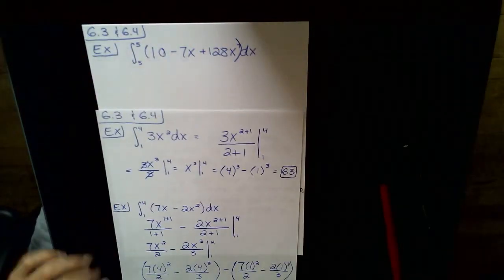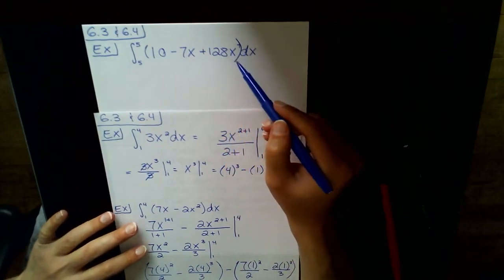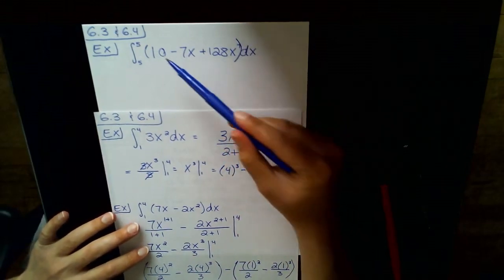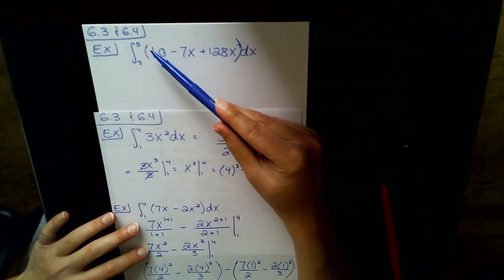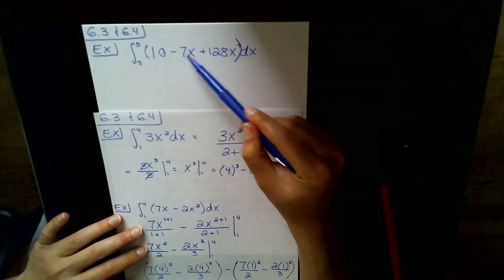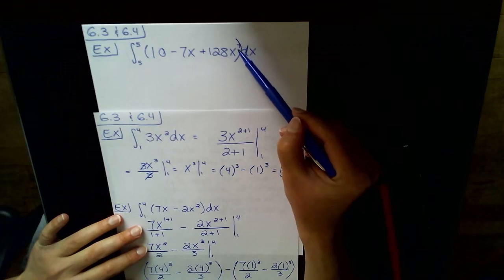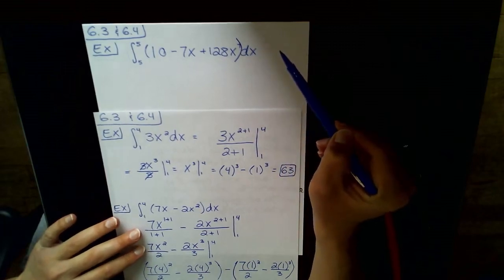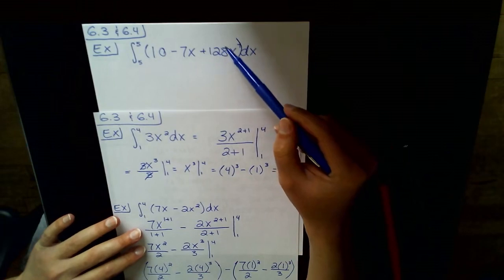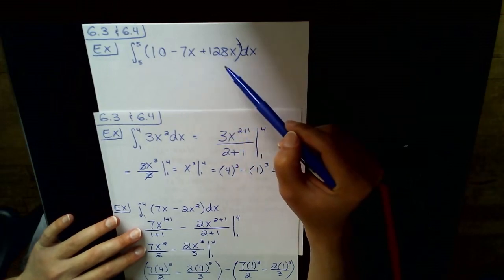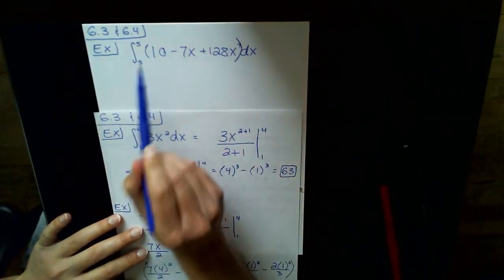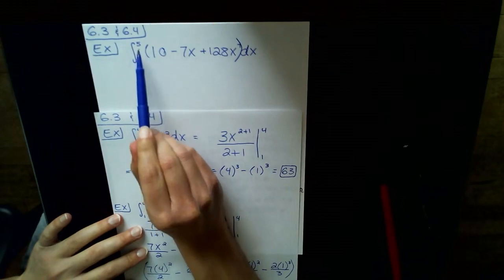All right, now for this last one, before we move on to our next fact, we have the integral from 5 to 5 of 10 minus 7x plus 128x to the 7th power dx. Now hopefully you caught this right away, but notice we are integrating from 5 to 5.